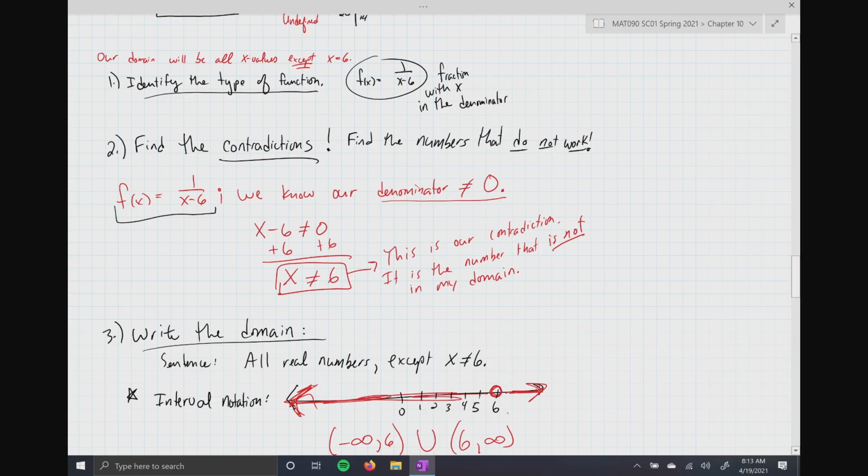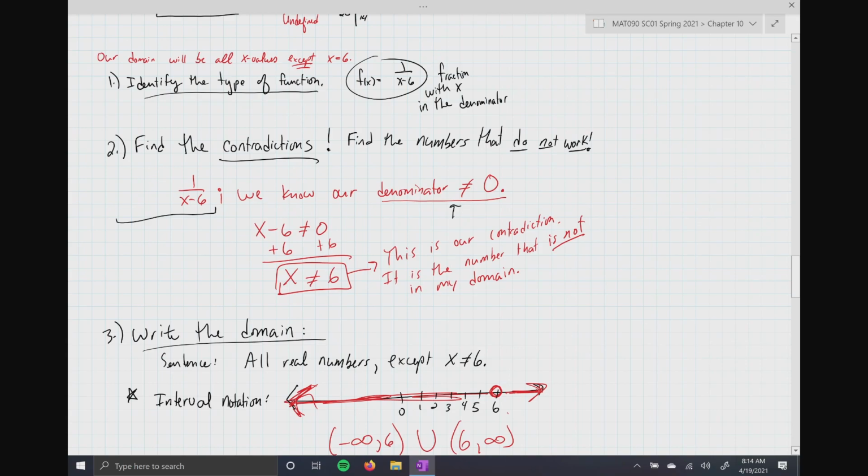If I just get rid of this out front, boom, rational expression. And we know denominators are not allowed to equal 0. So we take the denominator, set it equal to 0, and find the x value that will give us that contradiction. So if I take x minus 6, set it equal to 0, and solve, notice we find that x cannot equal 6.